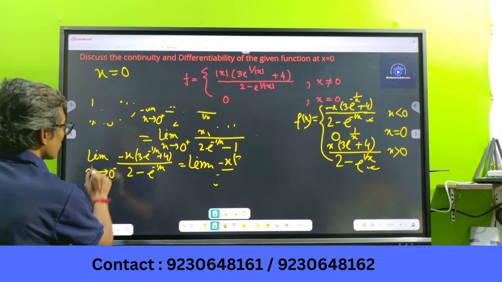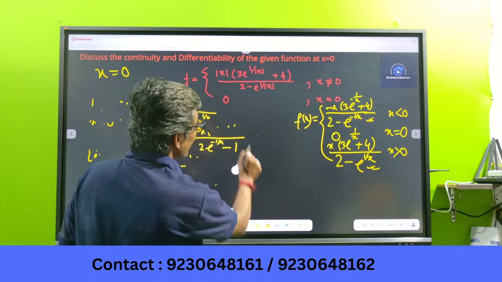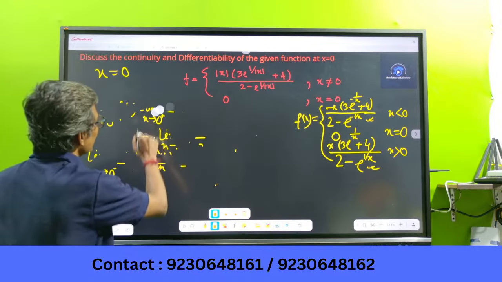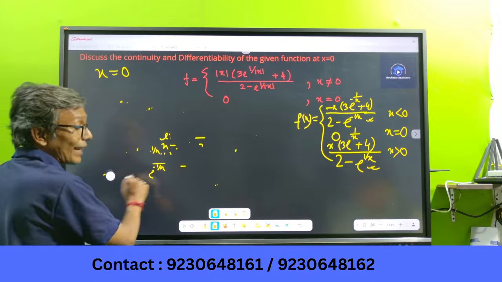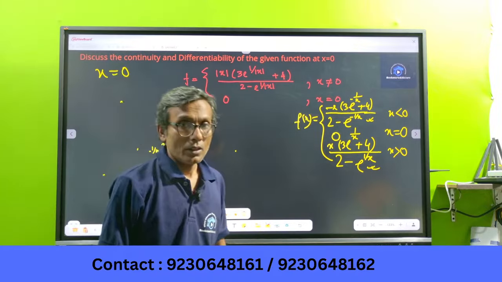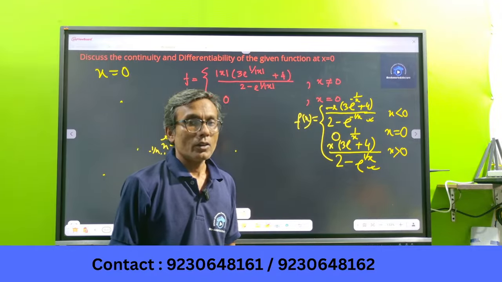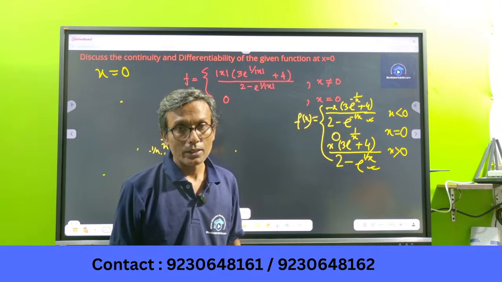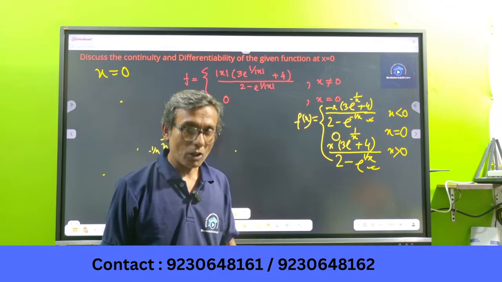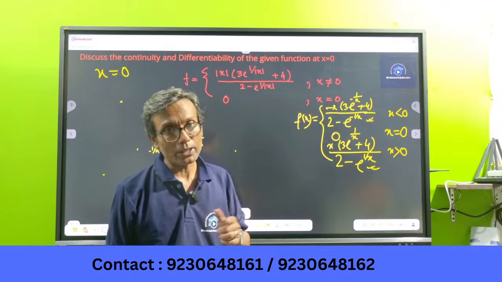So for checking differentiability at any point, we have to find out the right hand side derivative of the function at that point and the left hand side derivative of the function at that particular point.